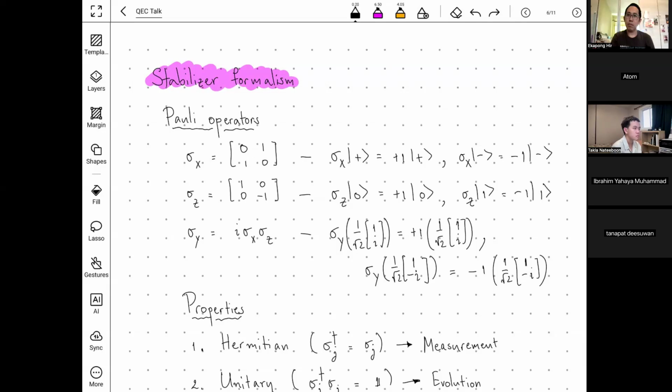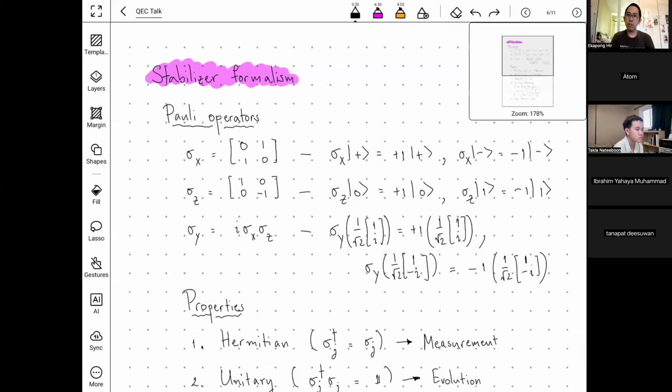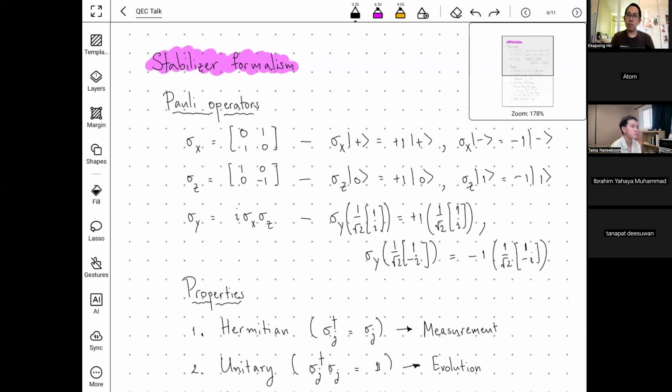I might not have enough time to prepare a good document on this as well because it's quite an abstract one. So what I would do here is introduce the mathematical tools that are needed to understand the stabilizer formalism, and then try to link those mathematical tools to what's actually going on in the 3-qubit bit flip code and the Shor code, right?